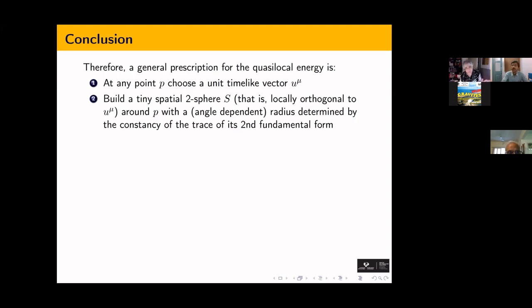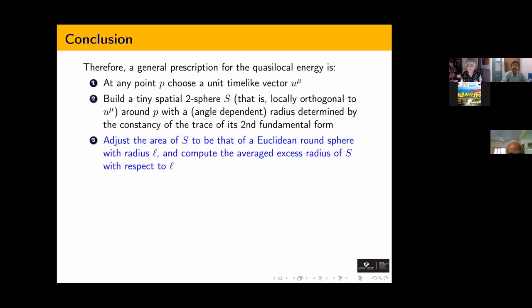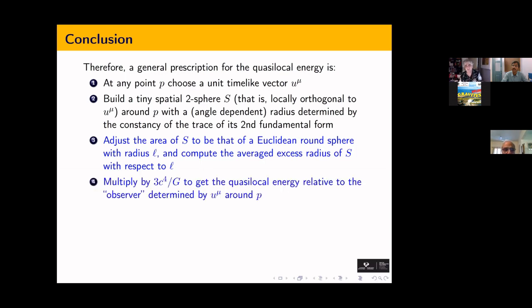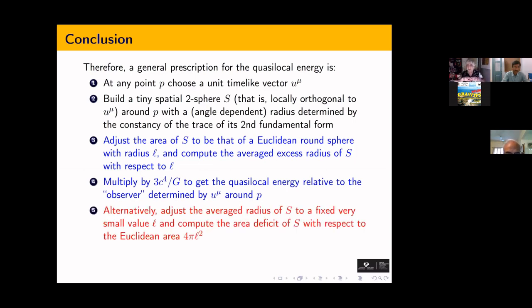Now, you do that, and this can be done in any space-time, and then you adjust the area to be that of the Euclidean round sphere with the radius L. And then, given that, you compute the excess radius in average of this surface with respect to L. Once you have done that, this gives you a number, and then you multiply by 3c⁴/G, and this would be the quasi-local energy relative to this observer time-like vector U at the point P in a very tiny sphere around P. So this is one way, and there is an alternative equivalent way, which is adjust the average radius of the surface to a fixed value L, and then compute the deficit of the area of the surface of the sphere with respect to the Euclidean one.